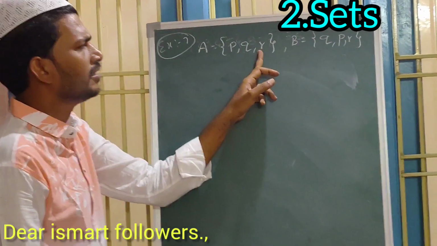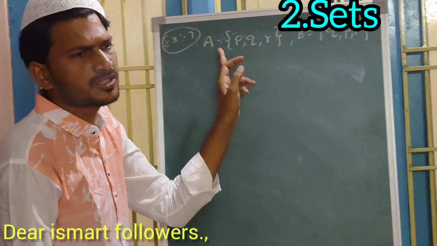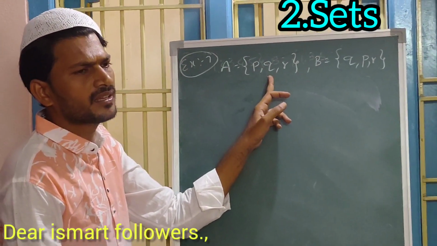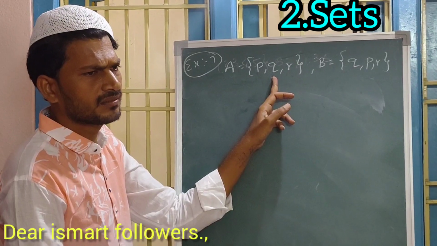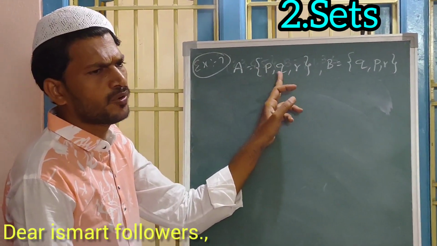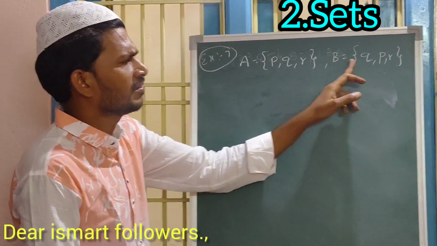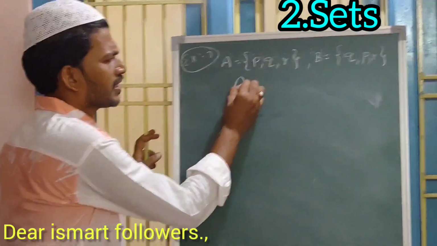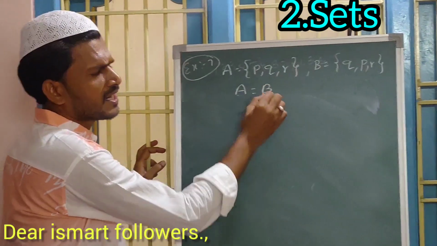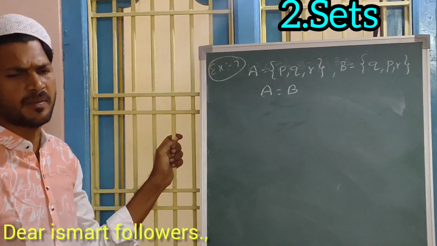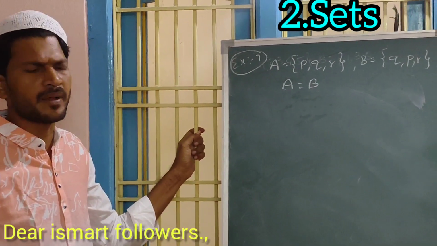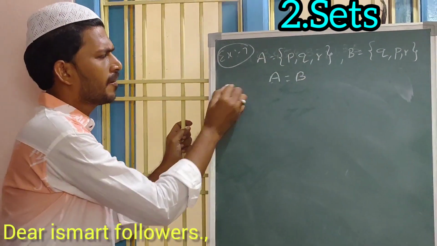Yes, sir. Next, R. Is there R? Yes, sir. So the first set is P, Q, R. The second set is Q, P, R. A is equal to B because two sets are having equal elements. Two sets are having the same elements. That's why A equal to B.